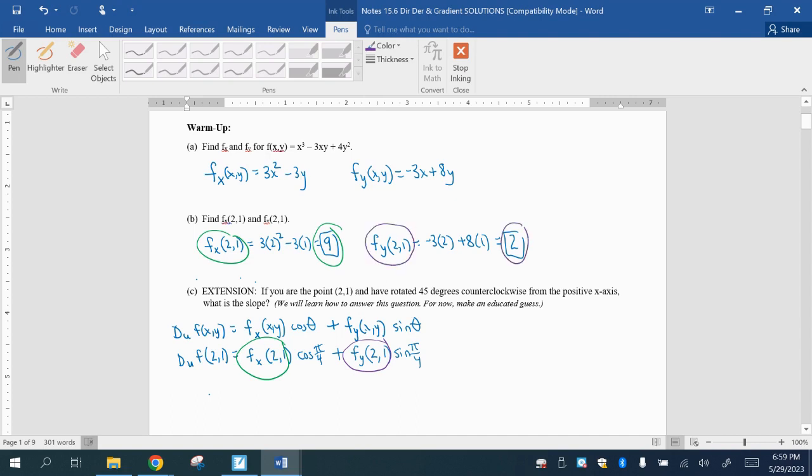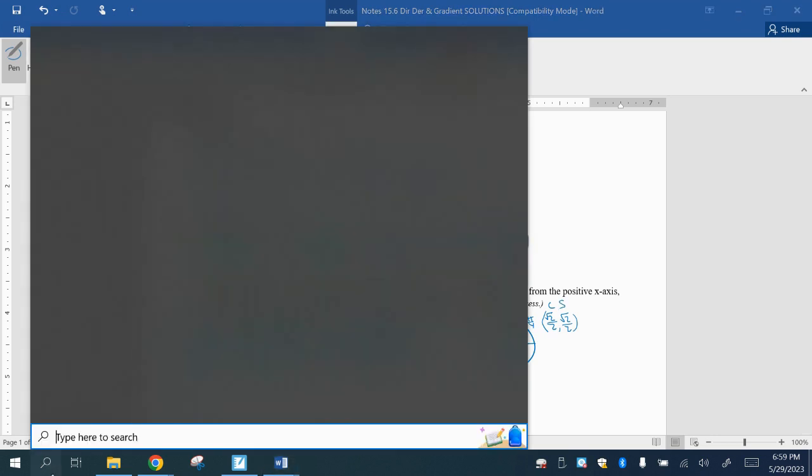Let's go ahead and rewrite all of this. And also let's review if we want to find cosine or sine of pi over 4. Let's say this is pi over 4. That coordinate point is square root of 2 over 2, comma square root of 2 over 2, which is our cosine, comma sine.